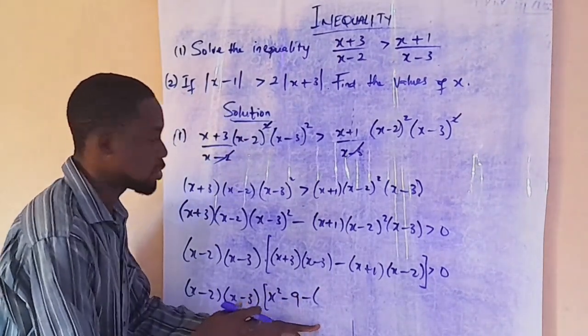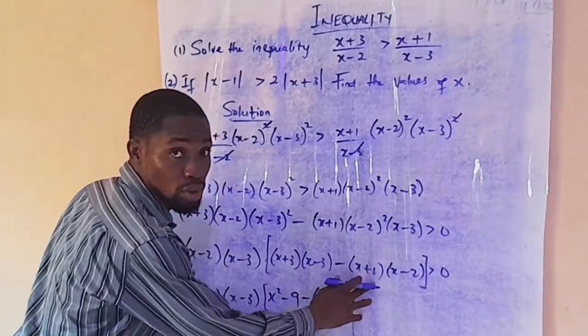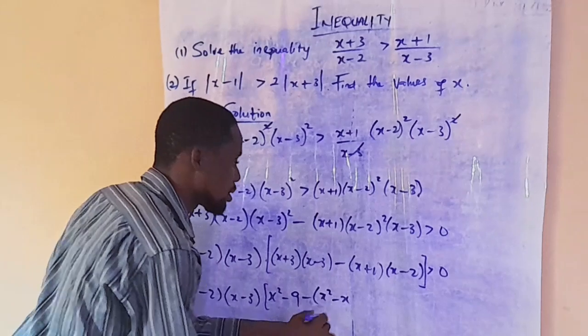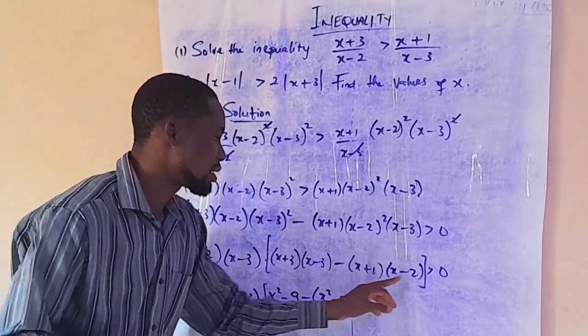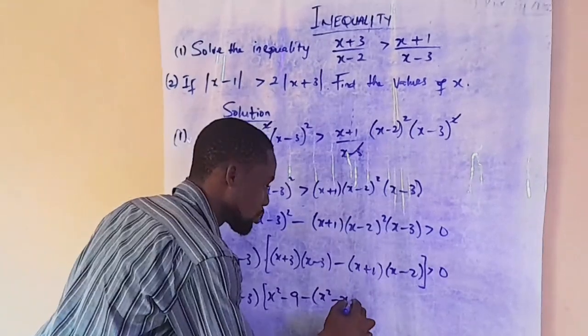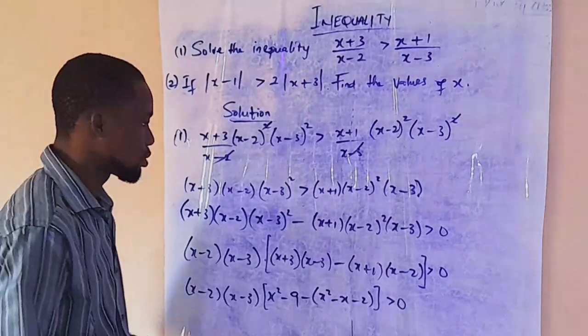That's x squared, minus 2 plus 1 is minus x. Then 1 times minus 2 is minus 2, greater than 0. At this point, what do I then have?